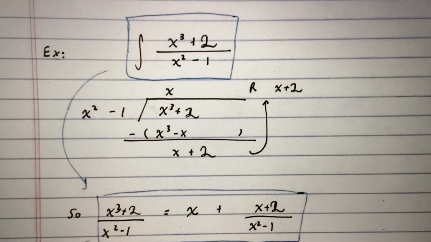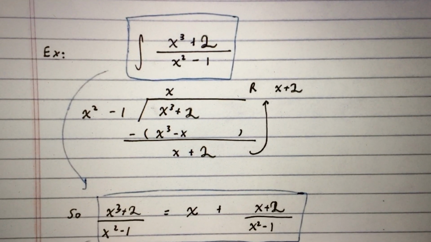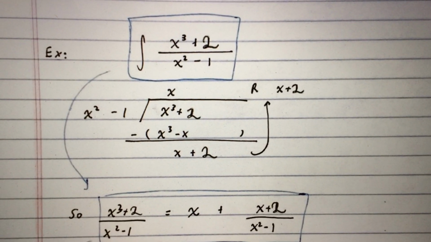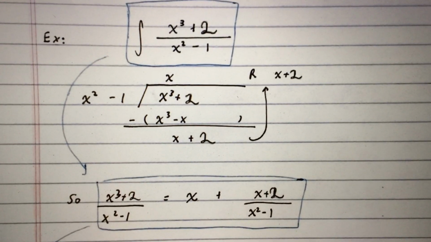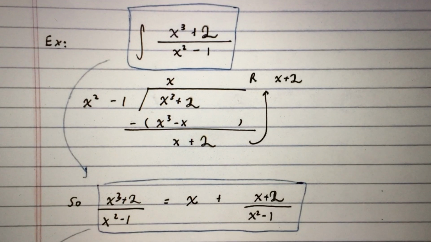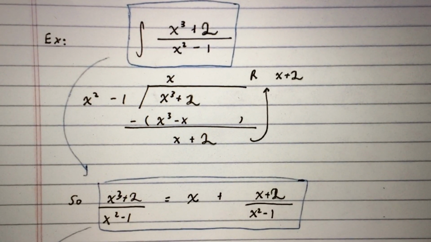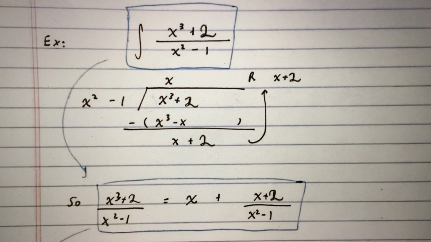Alright, so you need to be able to take the answer and use it to rewrite the original fraction. The original fraction, x cubed plus 2 over x squared minus 1, is equal to the quotient that we found, x, and then what does the remainder do? Well, that gives you another fraction.